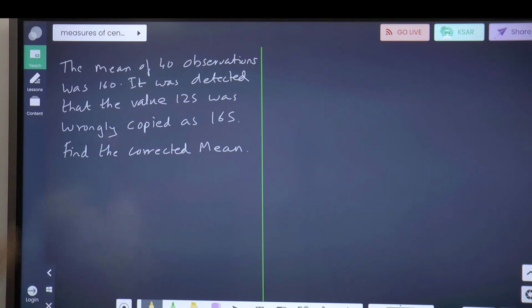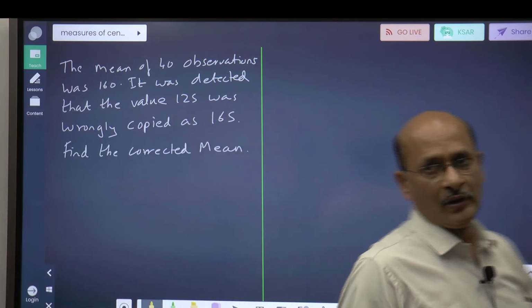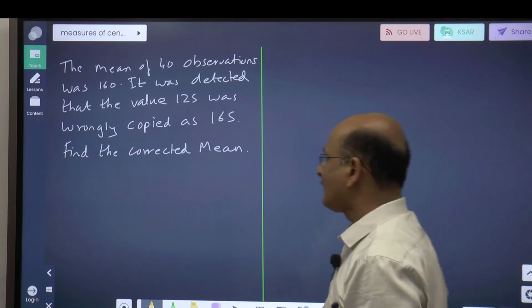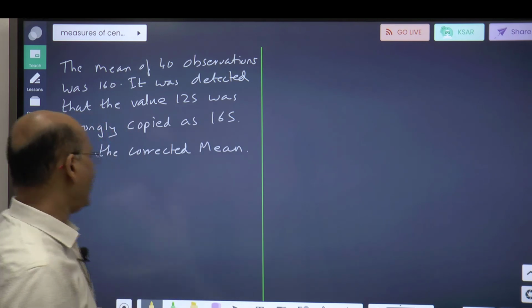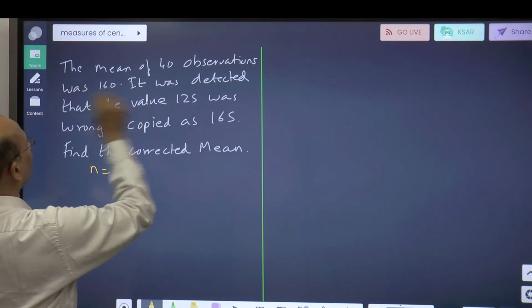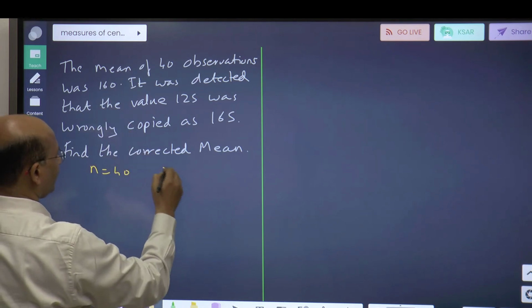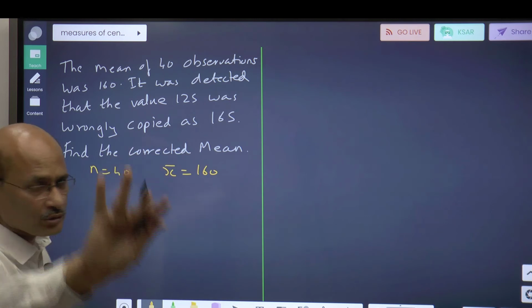Now, what they are telling us in this question, look at the question carefully. The question says the mean of 40 observations. So what is given here is n is equal to 40. The mean of 40 observations is 160, that is x bar. Sometimes they use the word arithmetic mean also, so no issue.